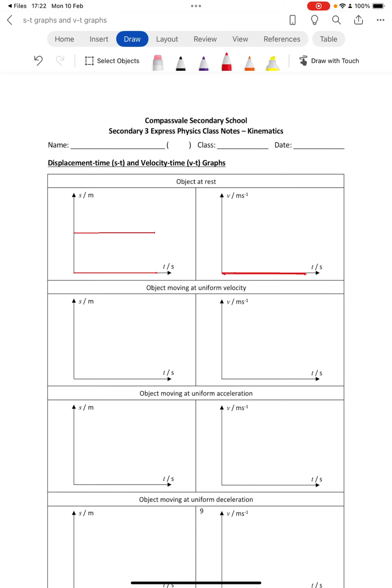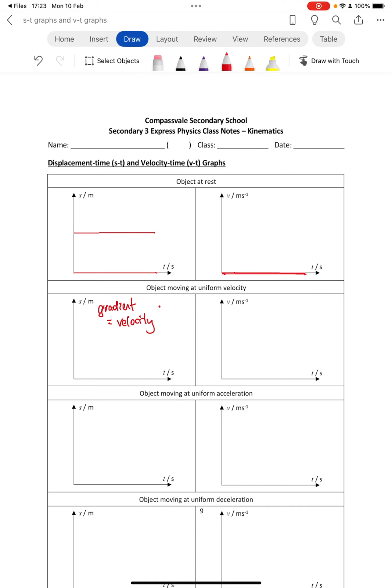Uniform velocity, we must remember that for a displacement time graph, the gradient of a displacement time graph will be the velocity, because we are talking about the change of displacement divided by the change of time, right?